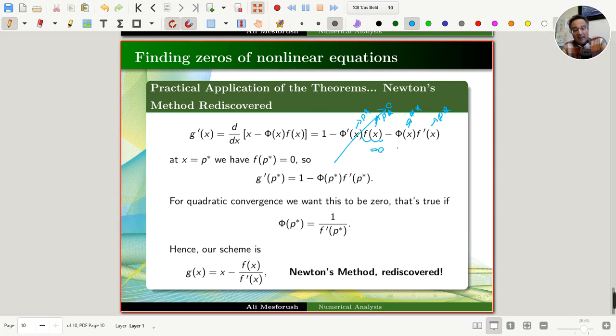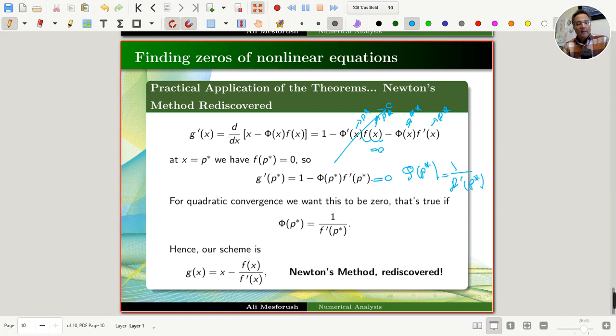Now, if we want to have the quadratic convergence, g prime of p star should be 0. So if I put this equal to 0 and solve it for phi of p star, phi of p star will be 1 over f prime of p star, which I have written here.